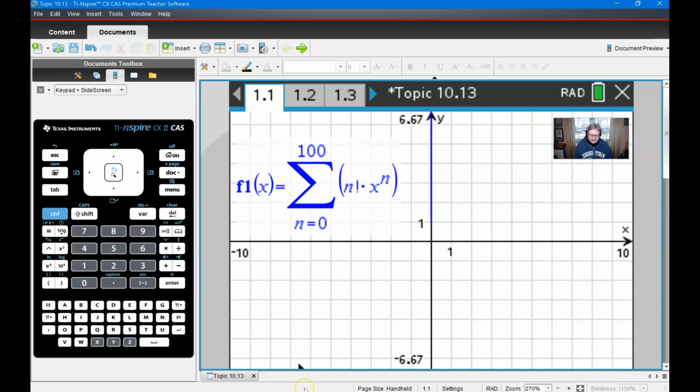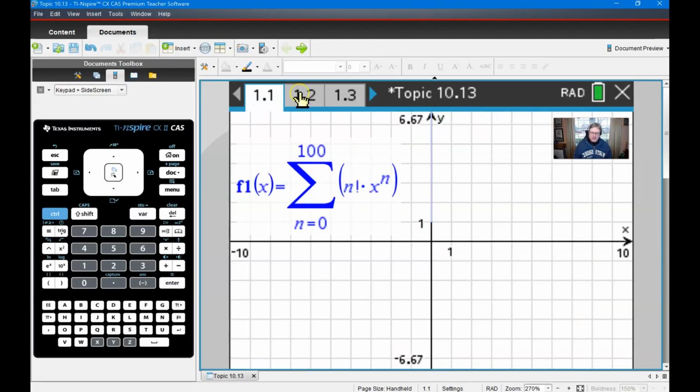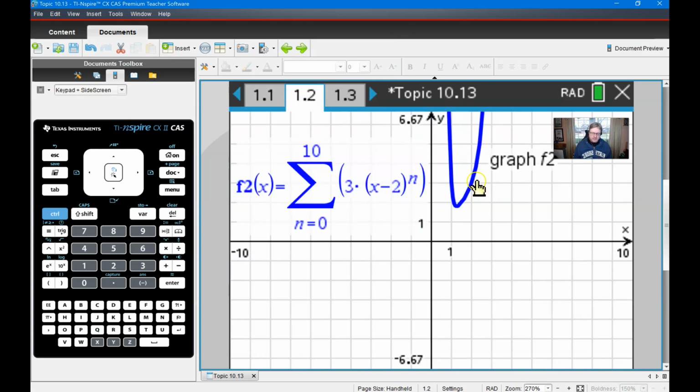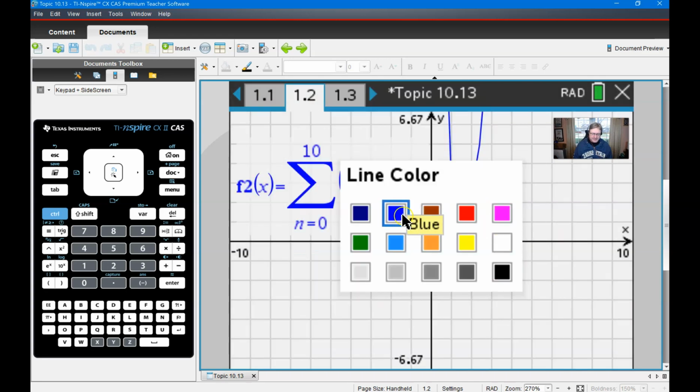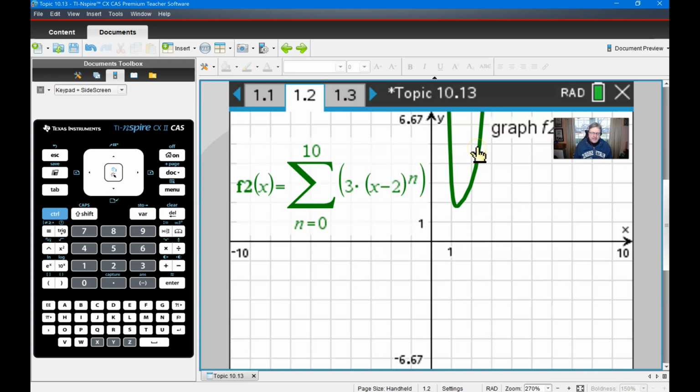Now, if we take a look at the second problem that we did here in green, we had a radius of convergence of 1. This is probably the most interesting, at least from my perspective, of the 3. So if I move there and say, okay, there's this graph, and you know what? I don't like its color, so I'm going to change it to green so that it matches our problem. And so there we have it. And again, notice that I've kind of struggled and I stopped at 100.